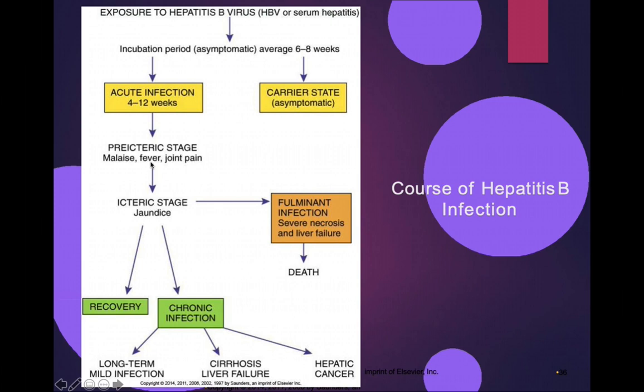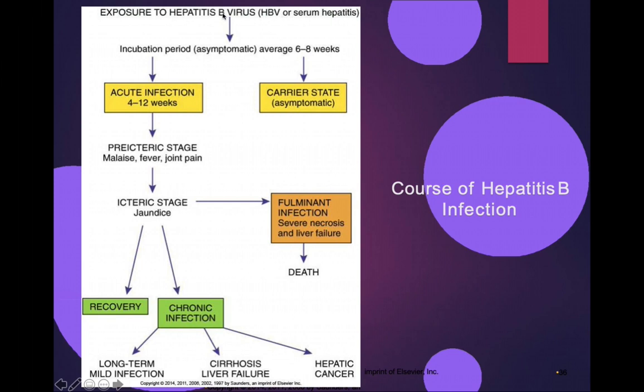There's malaise, there could be fever, some joint pain. Then it goes to the icteric stage. Now we see jaundice, and many recover. Or they go on to a chronic infection. The chronic infection is a long-term infection, or it leads to cirrhosis, liver failure, or it leads to hepatic cancer.